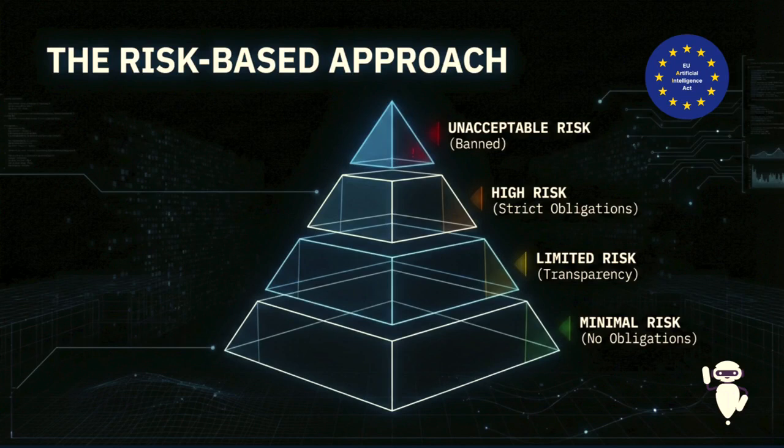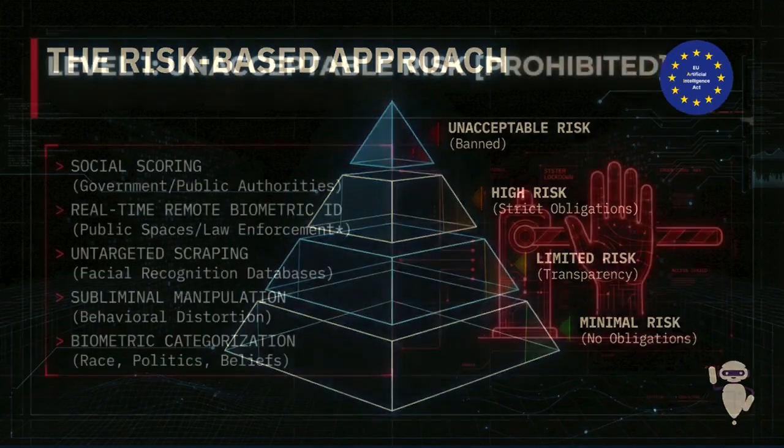The EU AI Act is the world's first law on AI. It categorizes AI applications into 4 tiers of risk: unacceptable, high, limited, and minimal risk. The developer should determine which tier the application falls into.